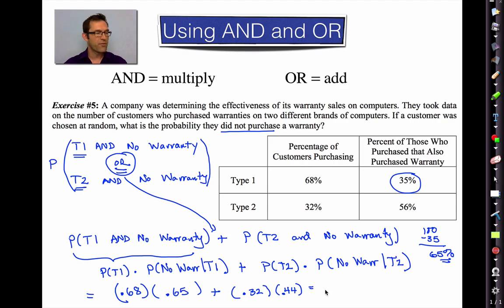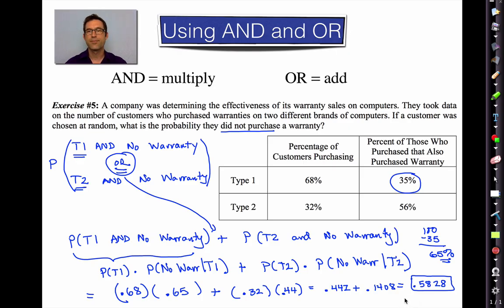All right, that first product comes out to be 0.442. The second one turns out to be 0.1408. And when I add them together, we get 0.5828. And that's the probability that a person picked at random wouldn't have bought a warranty.